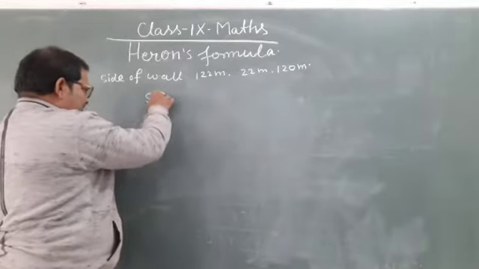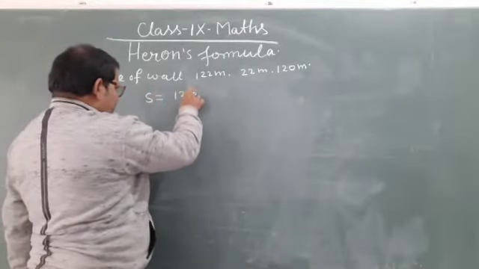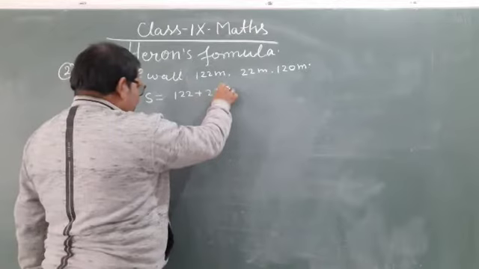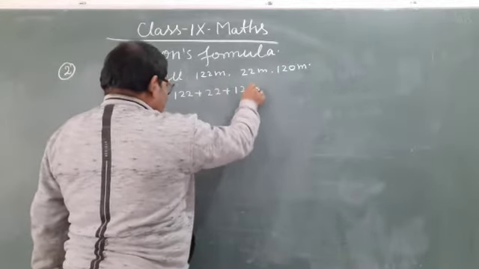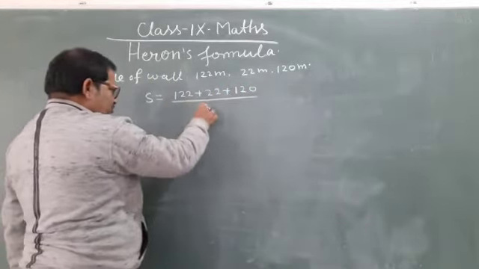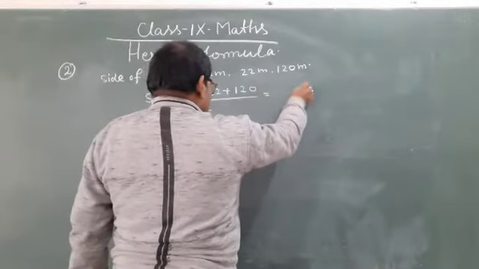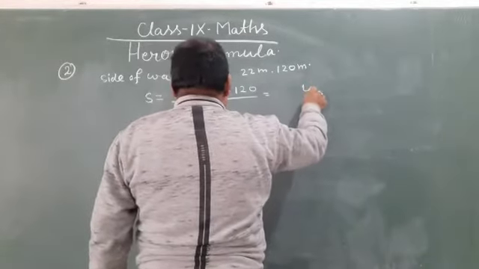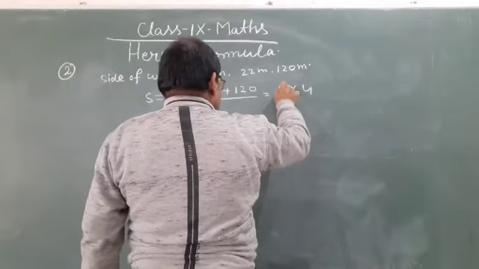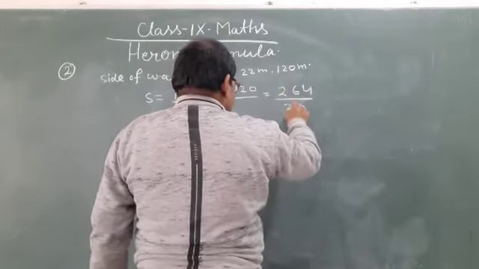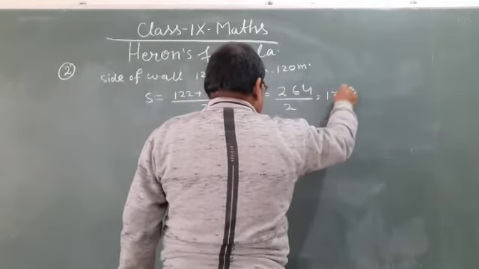So S is equal to 122 plus 22 plus 120 upon 2, is equal to 264 by 2, and that is 132.